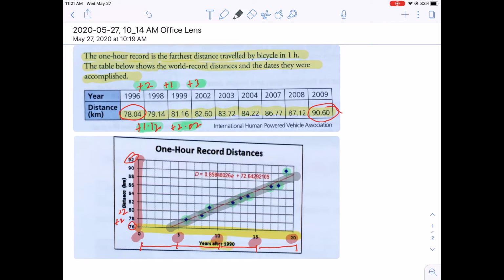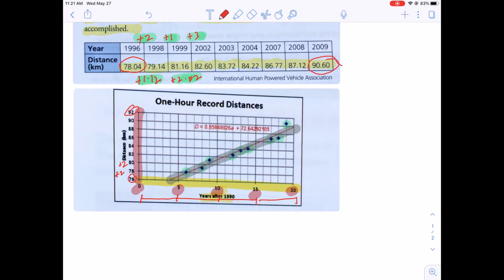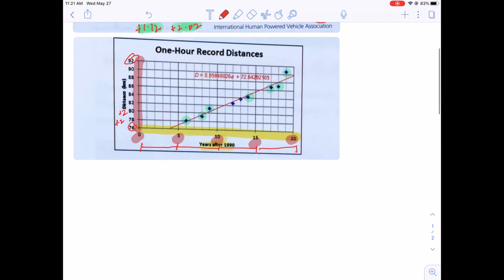We just draw a straight line through the data that estimates the trend in the data. Now, with this line of best fit, I'll just erase, we are going to find the equation for this line.